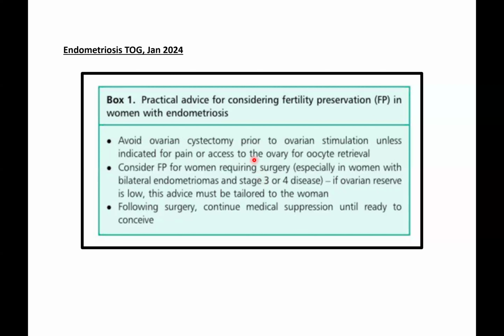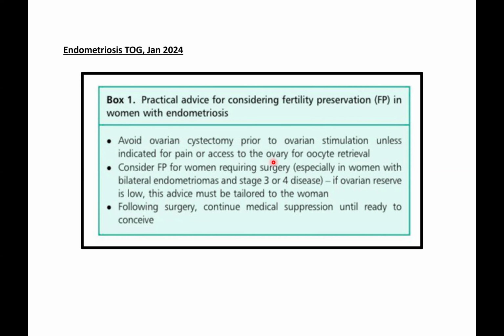This is again from the new talk. What they say here: avoid ovarian cystectomy prior to ovarian stimulation unless indicated for pain or access to ovary or oocyte retrieval. So if the cyst is clear-cut, 5 centimeters endometrioma, or even if it is 3 centimeters and the patient has severe pain, then first we have to offer cystectomy and talk about ovarian tissue damage.